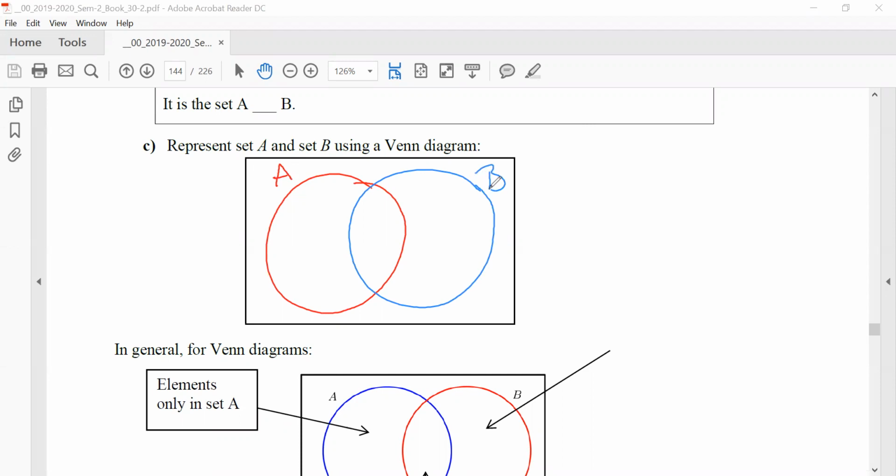Then I'm going to write the elements of each of these in their respective places. But remember, right here, we had two numbers that were in both: the two numbers that were divisible by 3 and divisible by 5.